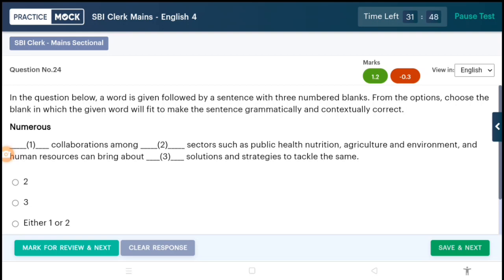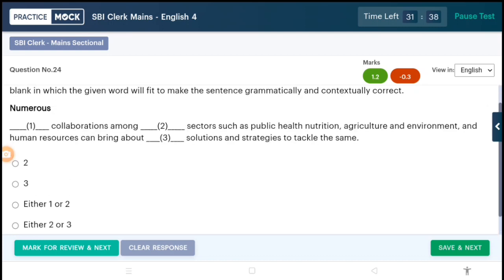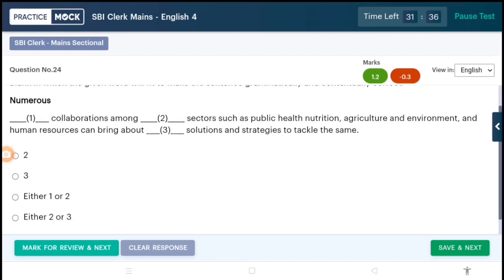Next one. In the question below, a word is given followed by a sentence with 3 numbered blanks. From the options, choose the blank in which the given word will fit to make the sentence grammatical and contextually correct. Numerous.